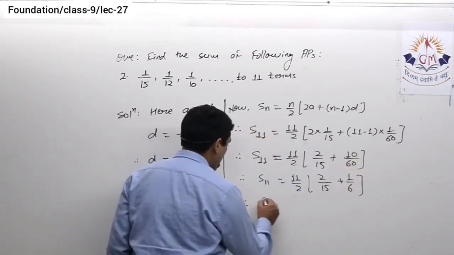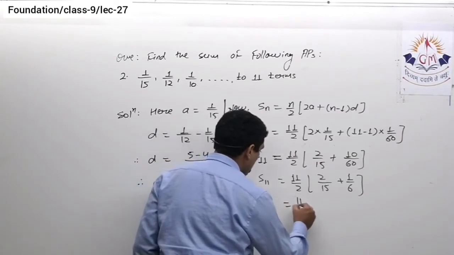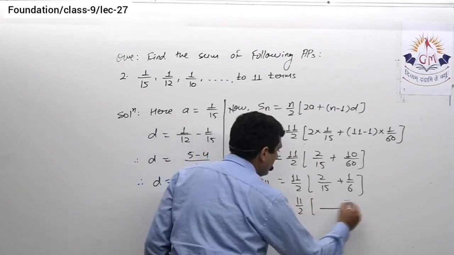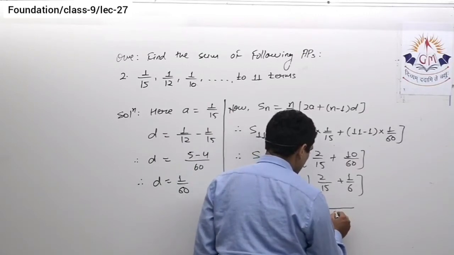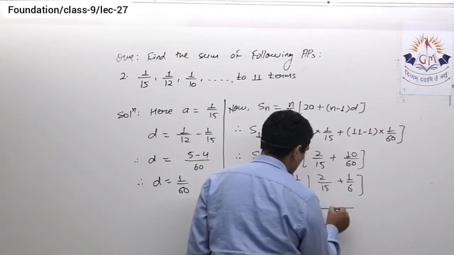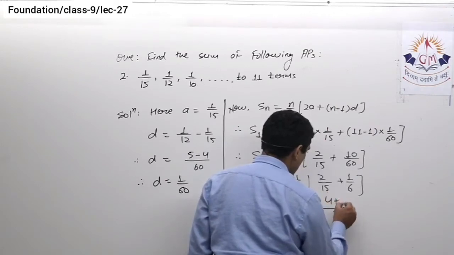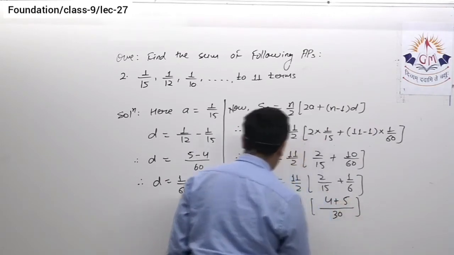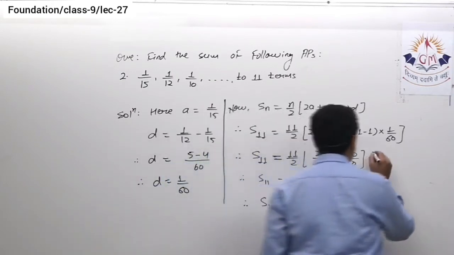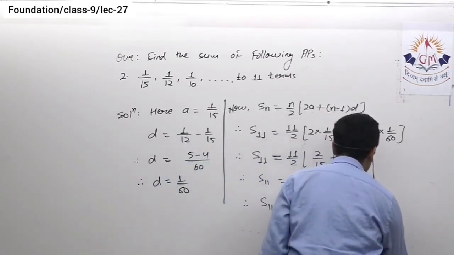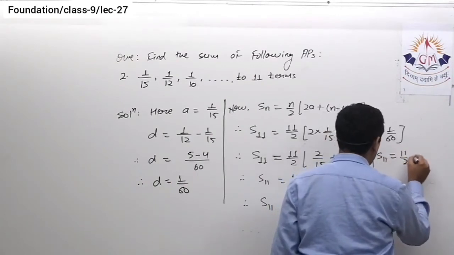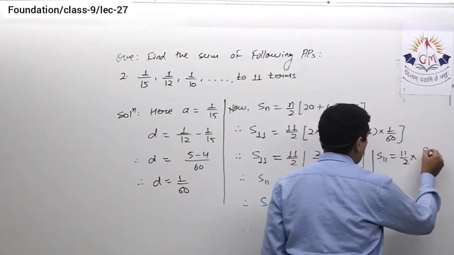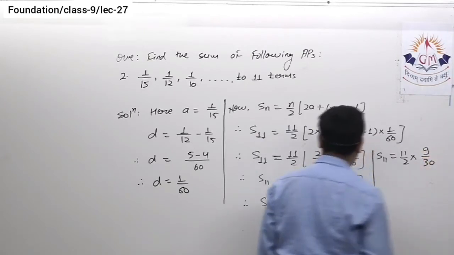Finally, it is just the addition of rational numbers. Here the LCM will be 30, 4 plus 5. So S11 is equal to 11 by 2 multiplied by 9 upon 30.